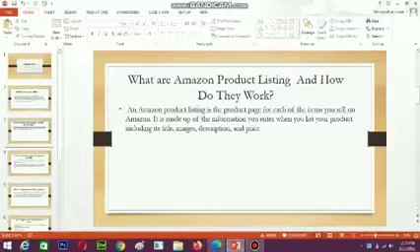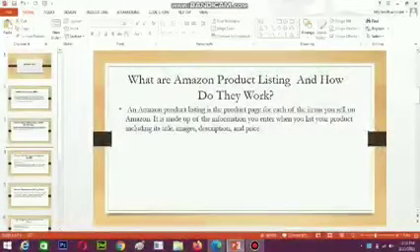What are product listings and how do they work? We are keeping Amazon in our mind, so we will discuss it. What is an Amazon product listing? It is the listing we do on Amazon, and how do we work on it?